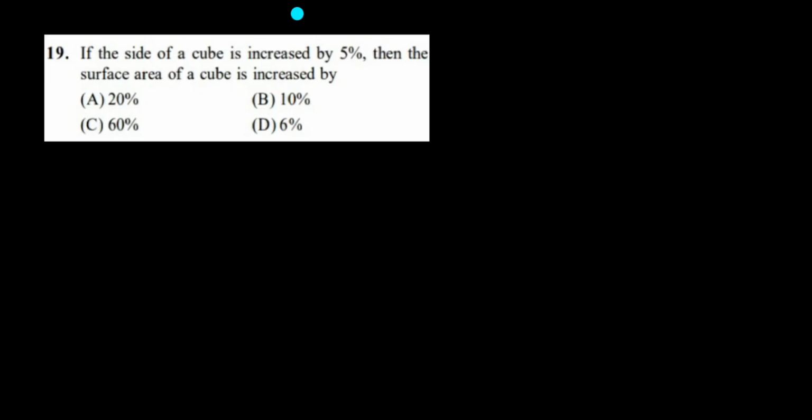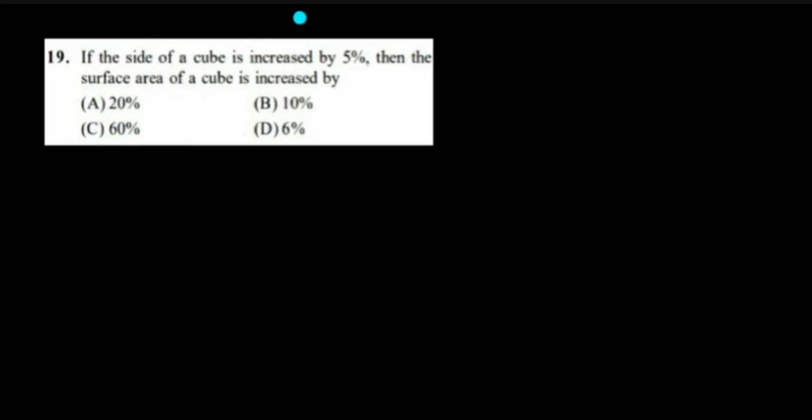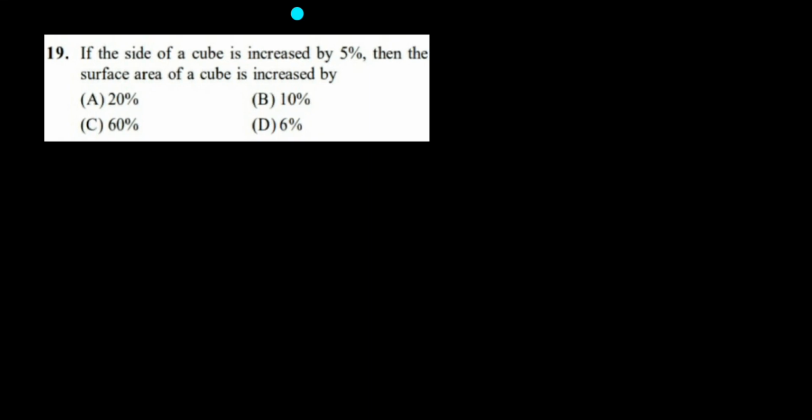Next, problem number 19. The volume of the cube is increased by 5%. Then the surface area of the cube is how much increase? This is an application of derivatives. I am taking the side of the cube as x.